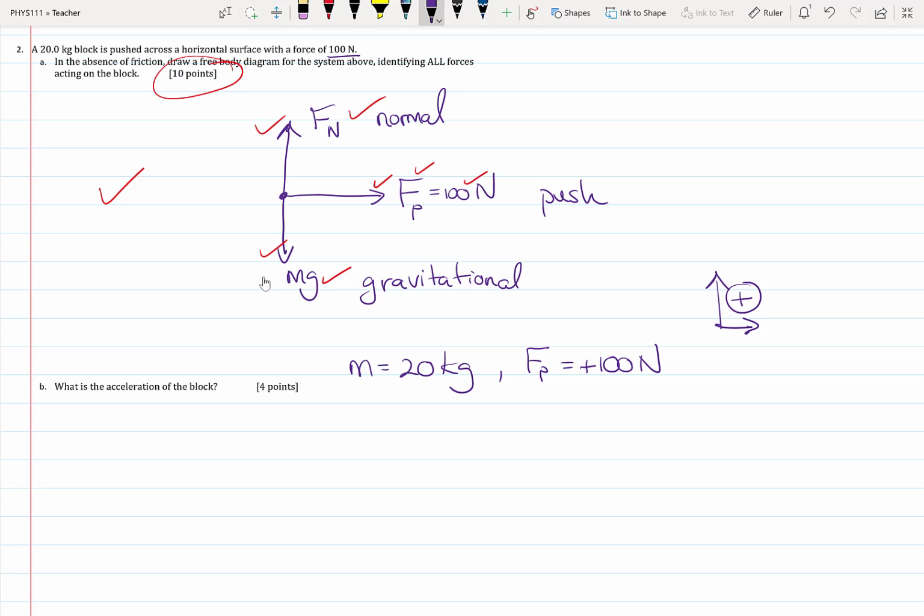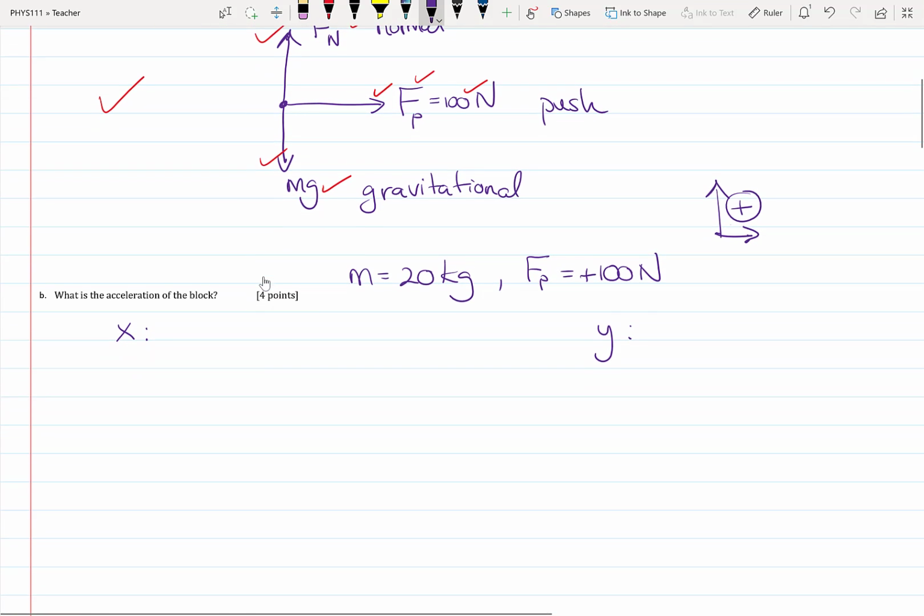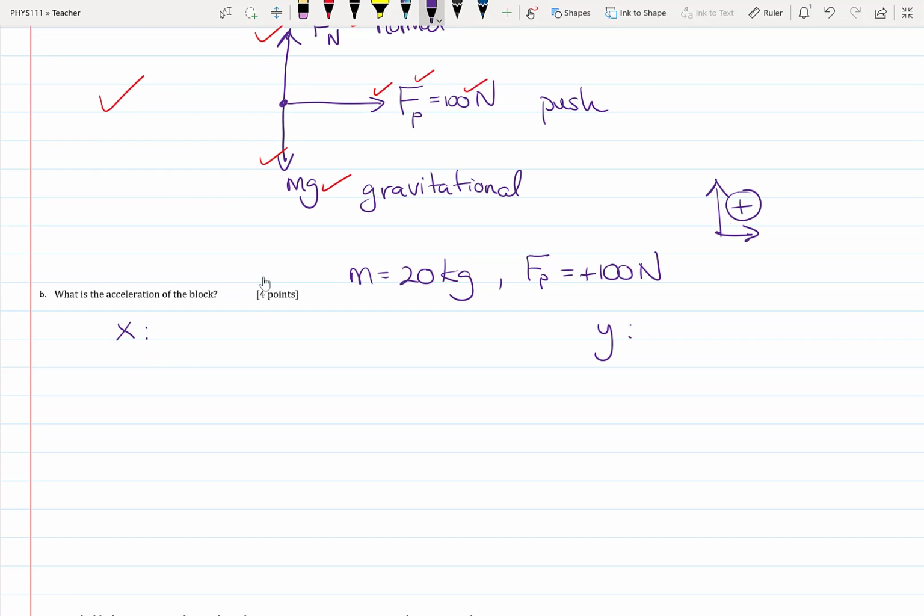What is the acceleration of the block? So to solve the problem, we choose x and y coordinates, and we're going to go ahead and first of all sum all the forces in x, and we're told that the block is moving.